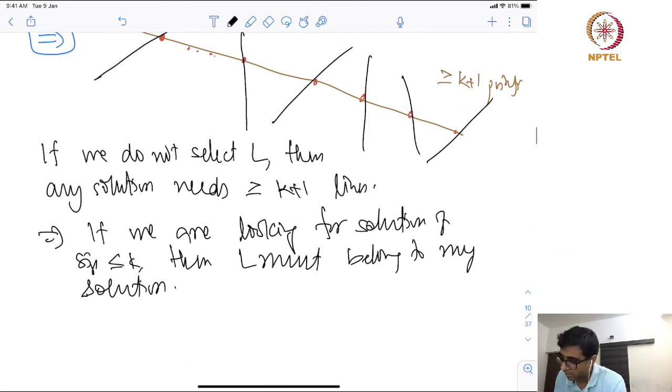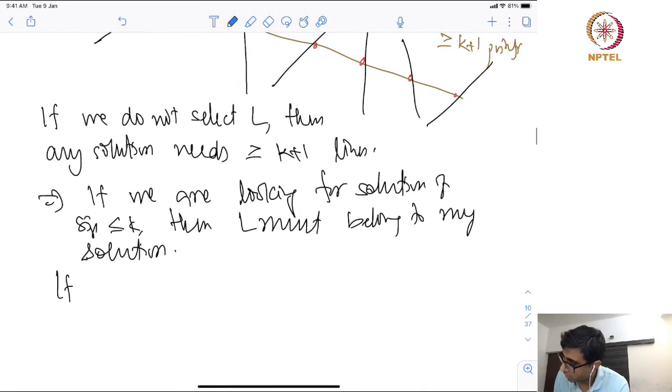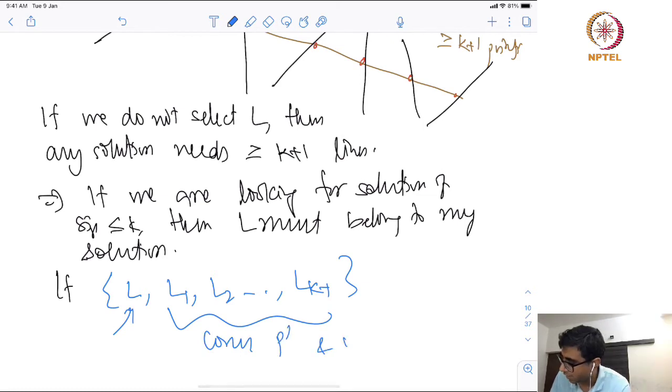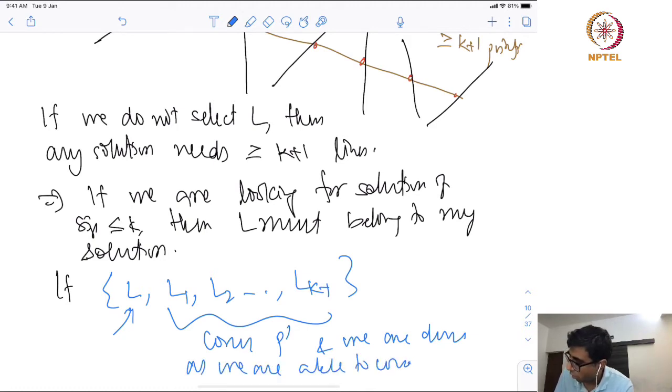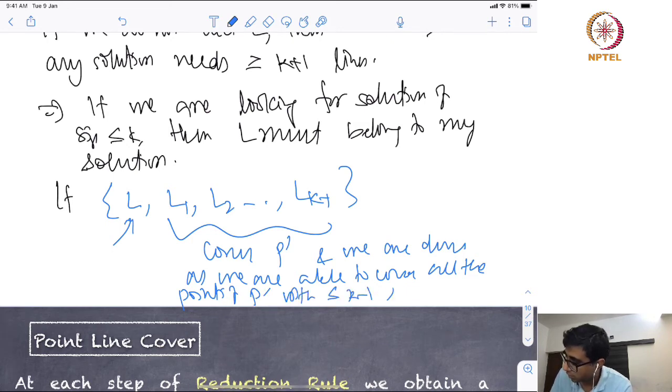Suppose you had a solution L, L1, L2, dot dot dot, L k minus 1, where L is the heavy line. Then L1 to L k minus 1 cover P prime, and we are able to cover all the points of P prime with at most k minus 1 lines.